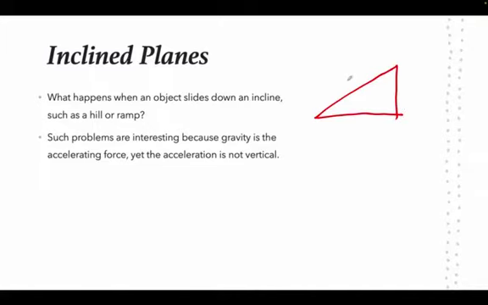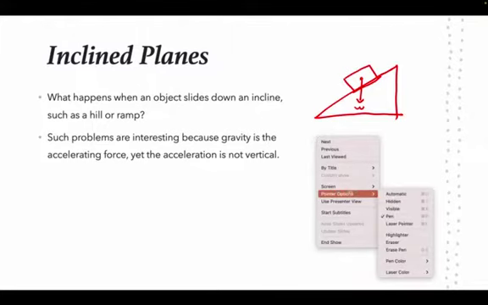These types of problems are interesting because when an object is on a ramp, on an incline, we have the force of gravity acting on the object, trying to accelerate it down the ramp.